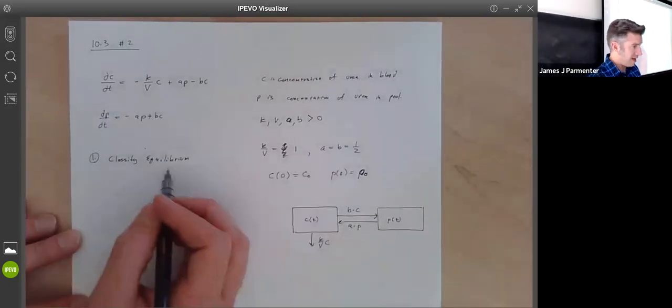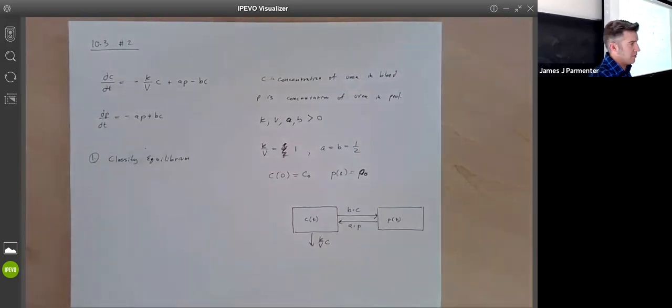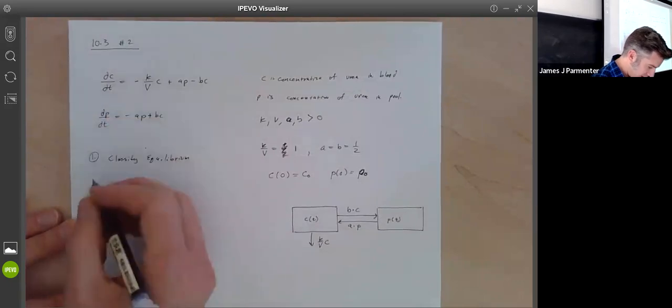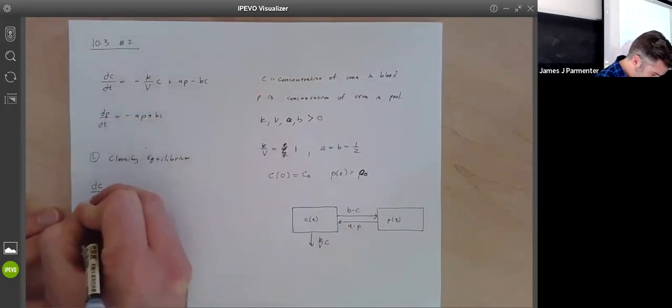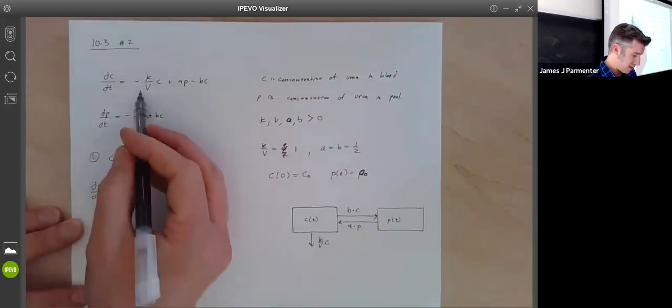So we want to classify the equilibrium, which is your usual kind of question, right? So first we have to find it. So let's see. Our equation is going to look like dC/dt equals, so let's plug in some values.